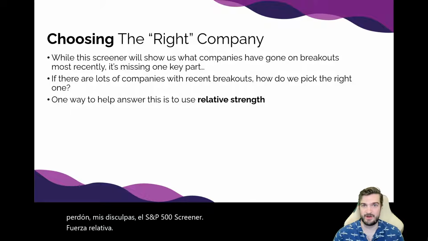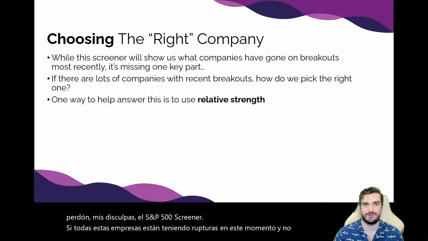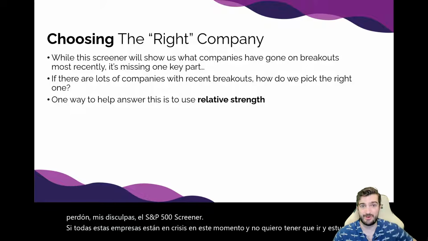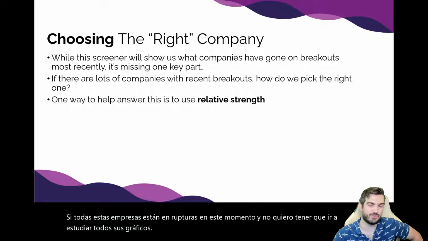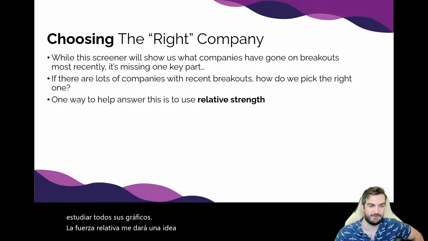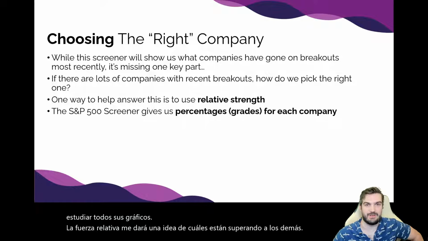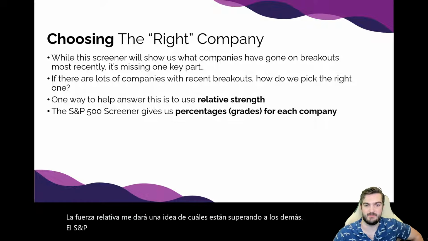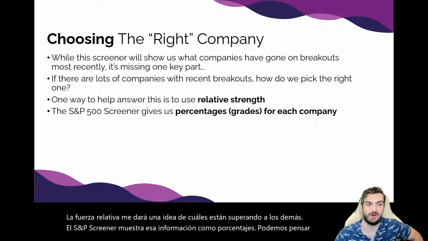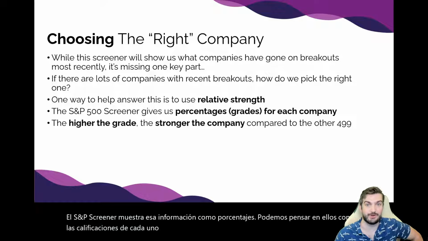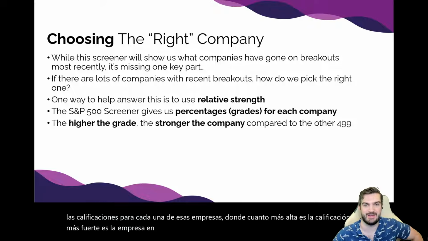If all of these companies are going on breakouts right now, and I don't want to have to go and study all their charts, relative strength will give me an idea of which ones are outperforming the others. The S&P screener shows that information as percentages. We can think of them as the grades for each one of those companies, where the higher the grade, the stronger the company compared to the other 499 companies.